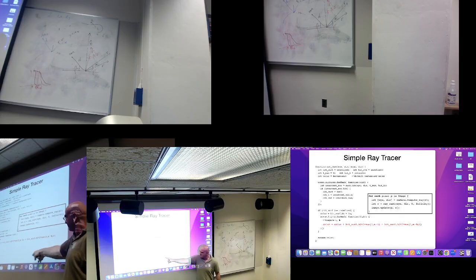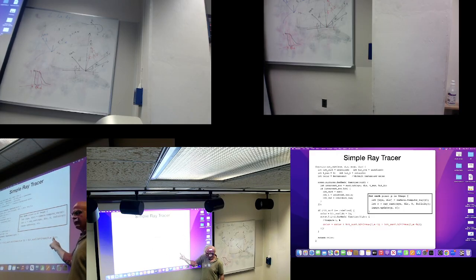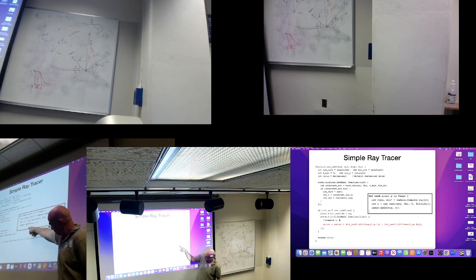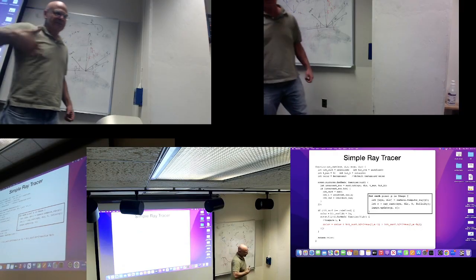Plus the specular term, which takes into account the average of the direction to the viewer and the direction to the source of light. And I sum it up over all the sources of light.